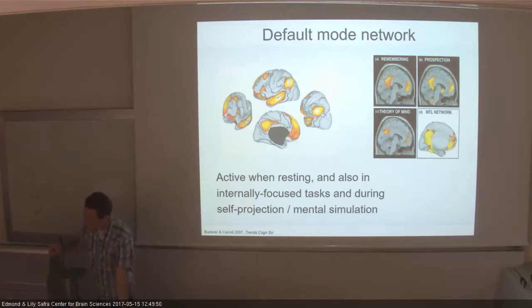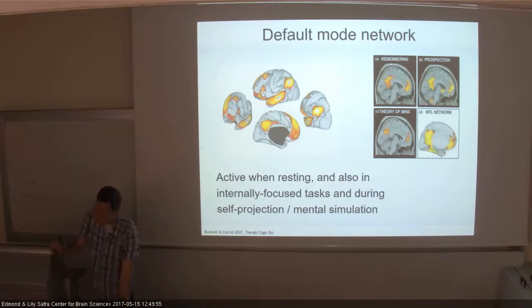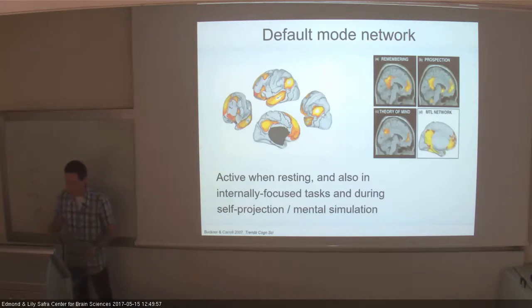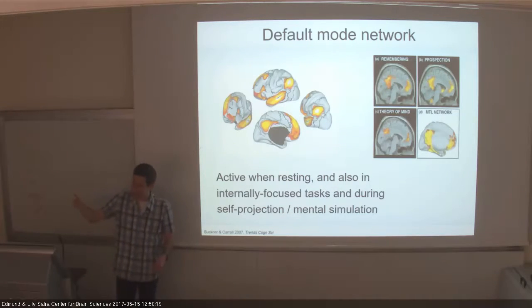So how do you know that the person is actually doing these things that you ask them? Yeah, there are many tasks. But here there's no task, it's just self-reflection. No, there are tasks of self-reflection. For example, theory of mind: you think about what another person would do. You can give a short story, and then you have to answer what the person will do, and you know something he doesn't.